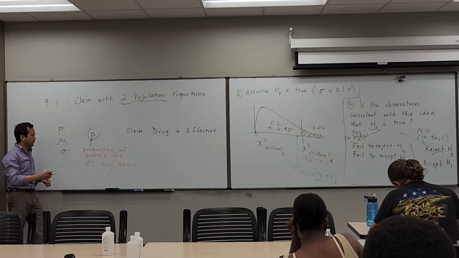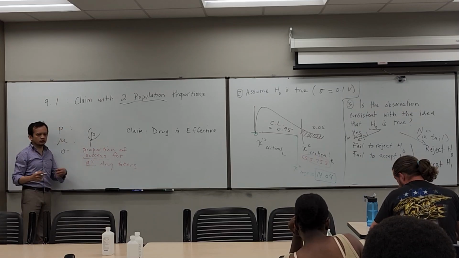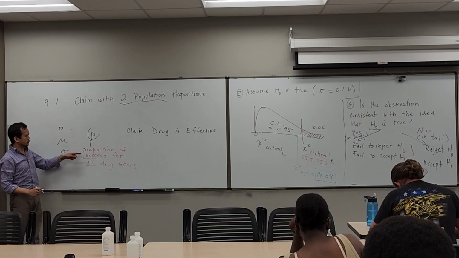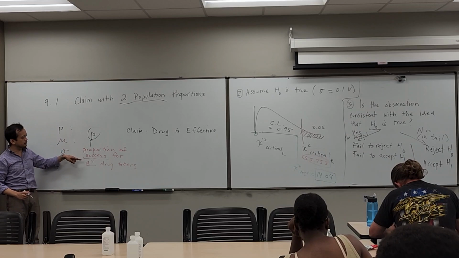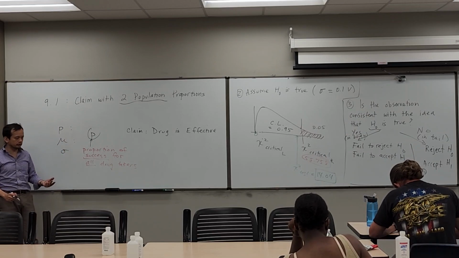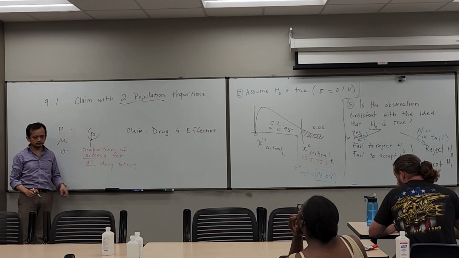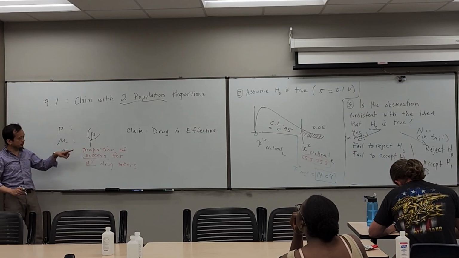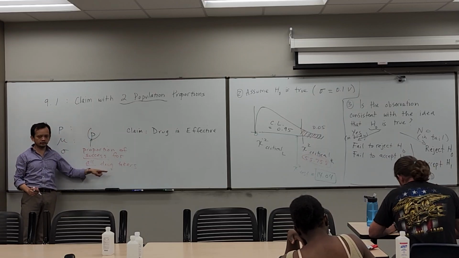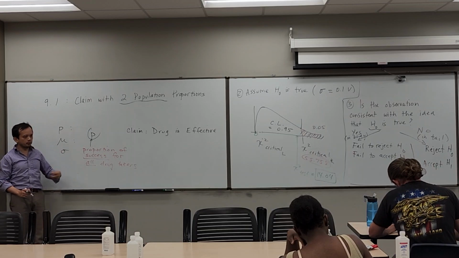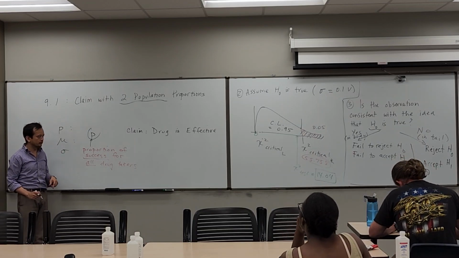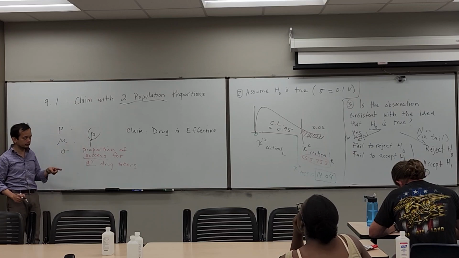And let's say success is whatever the drug purports to do. Like, let's say the drug says that it lowers cholesterol. So P here would be the proportion of people who get their cholesterol lowered for everybody who takes the drug. So in this case, we would have one population, which is all drug takers. And we want to know the proportion of people who get their cholesterol lowered in that group of everyone who takes the drug. So this is only one population of interest.